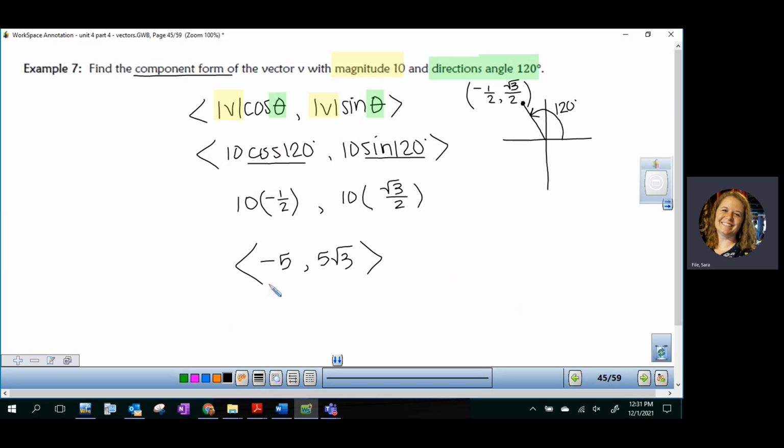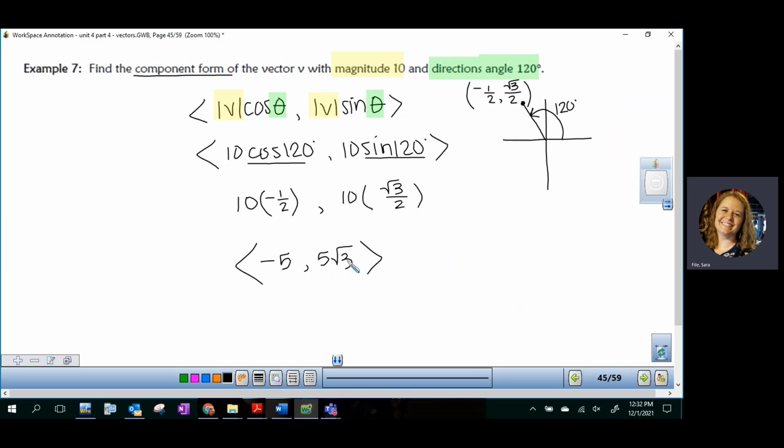Now, if you used a calculator in degree mode, you'll get the -5 just fine, but you're going to get a decimal here. And if this is a multiple choice on a quiz or a test, it's not going to be a decimal, it's going to be that radical. So you can just type in your answer choices, they're radicals, see what they are as decimals and match it to the decimal that you got.